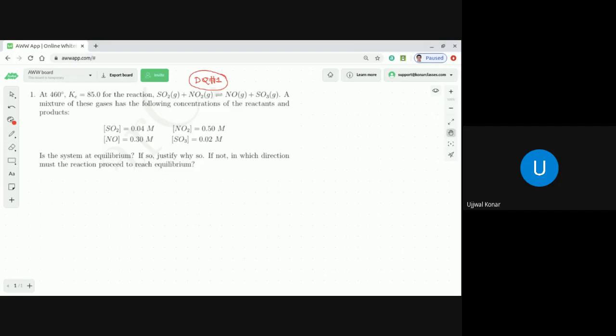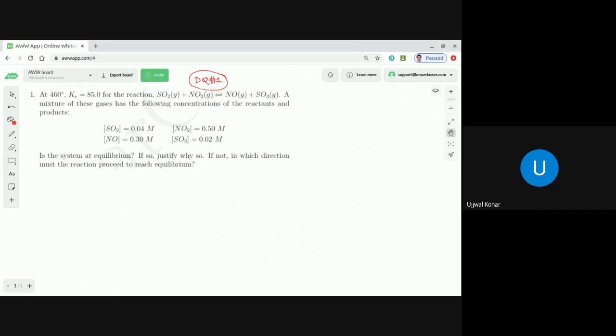So the point is that you said correctly. You find the value of QC that is less than KC, right?